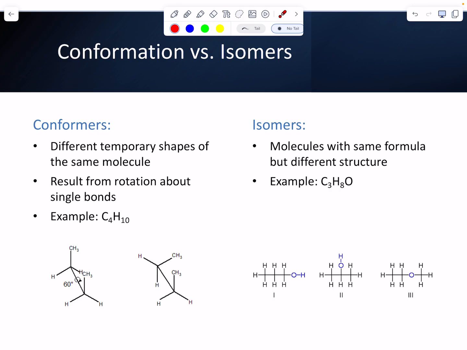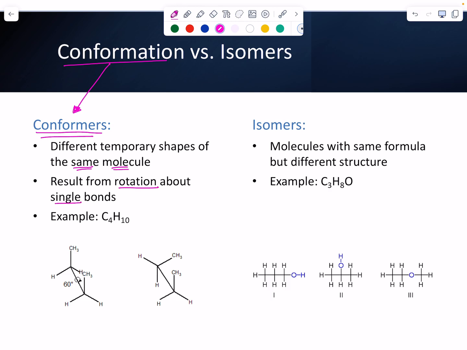So we have things called conformers, or conformations. Those are just different temporary shapes of the same molecule. They're the same molecule, and you get these when you can rotate around single bonds. So, rotation about single bonds.